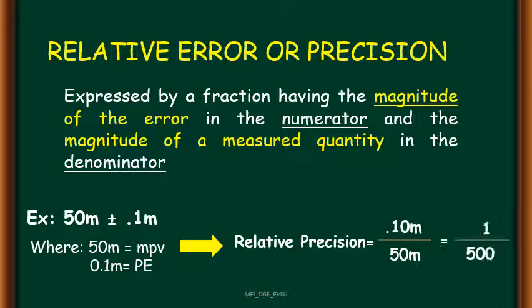So magiging, that is 1 over 500, or 1 is to 500. Which means for every 500 meter measurement, meron kang error na 1 meter. Okay, gets? For every 500 measurement, meron kang error na 1 meter.